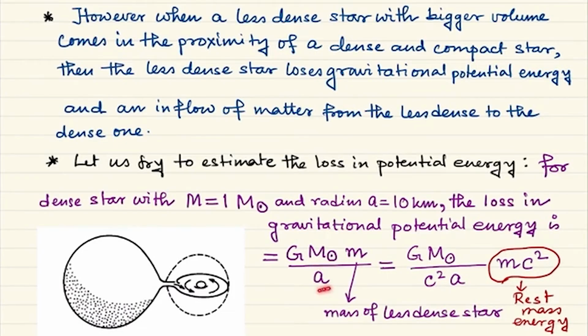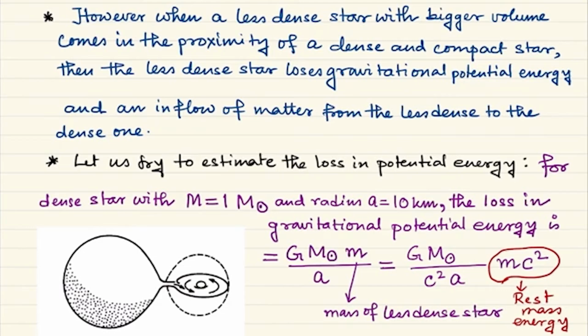That is the amount of gravitational potential energy which is lost when the mass starts leaving this body and reaches this body, of course, okay.